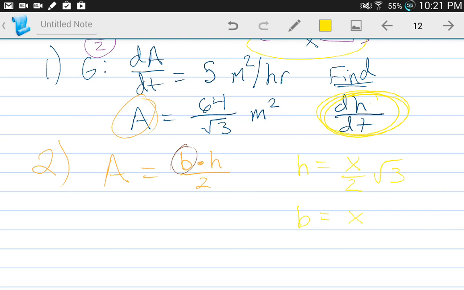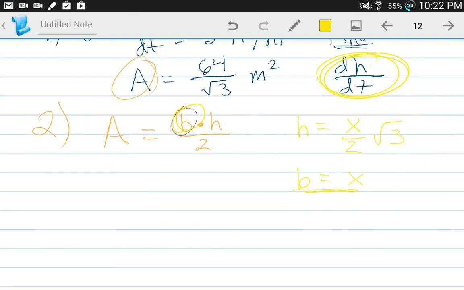Now, what we want is to find dh over dt. So instead of putting these into terms of x, I want to figure out what the base is equal to. So I need to solve for x in terms of h, and then I can figure out the base in terms of that.